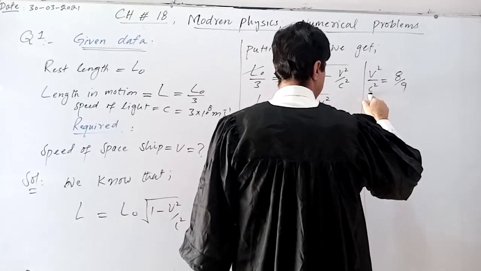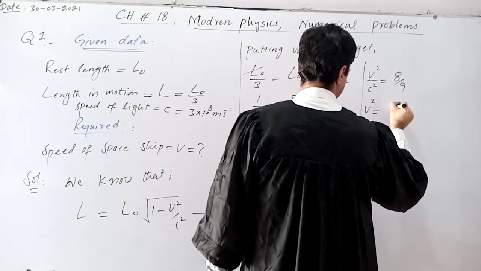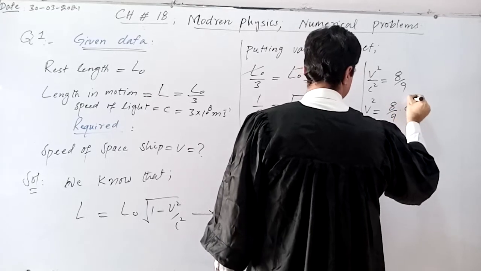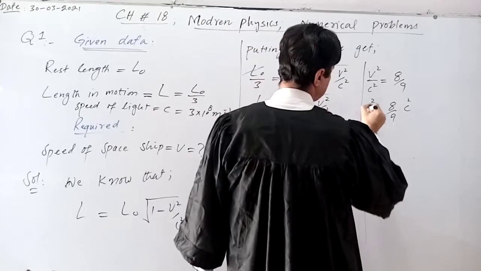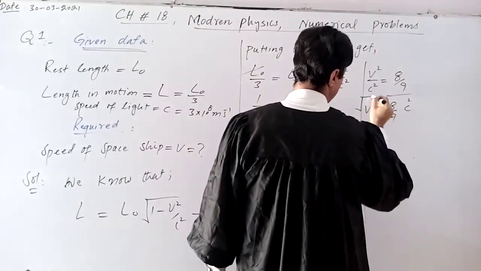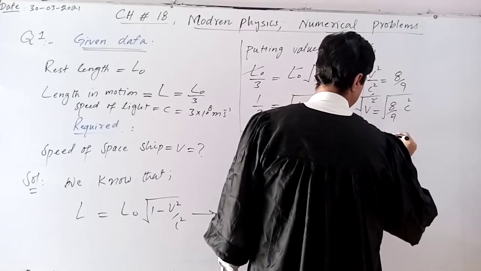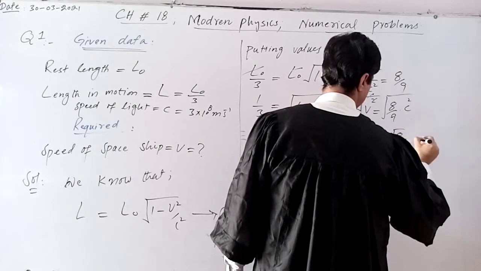Now we will shift this c square to this side. So v square equal to 8 divided by 9 into c square. Now we have to calculate v, so we take square root here. Taking root on both sides, v equal to under the root 8 divided by 9 and c square will become c.